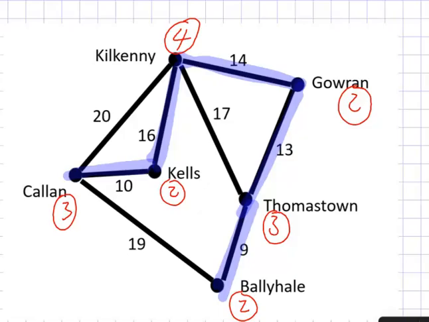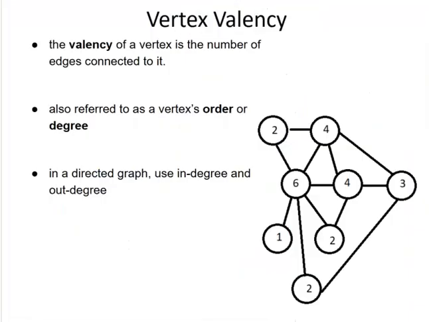So valency is the number of edges coming out of a vertex. It can also be referred to as its order or degree. So what's the order for Kilkenny? It has an order of 4, or a degree of 4, or a valency of 4.